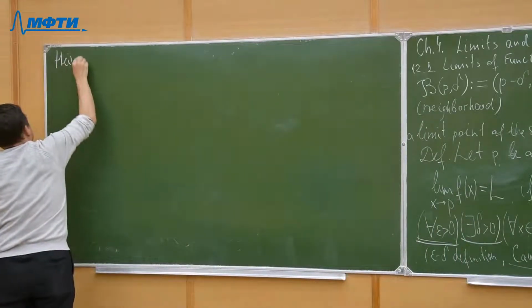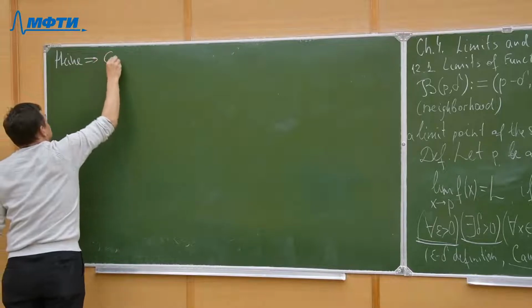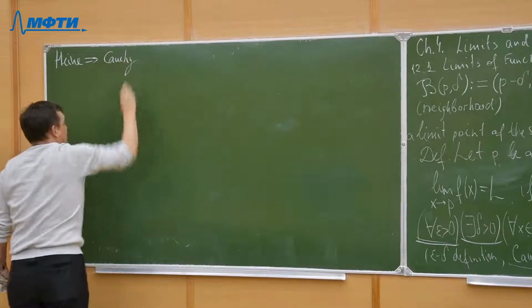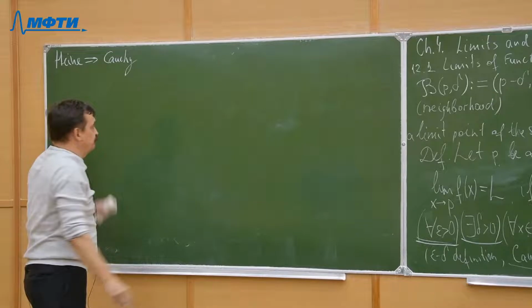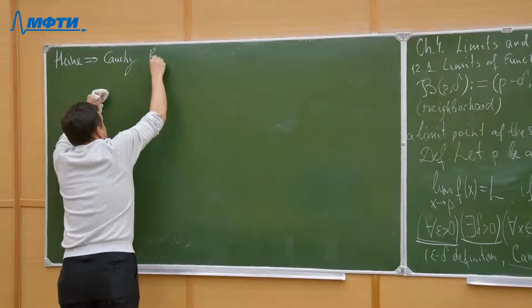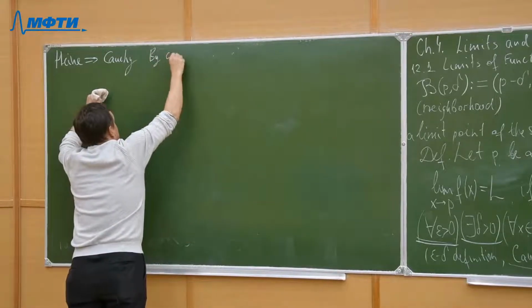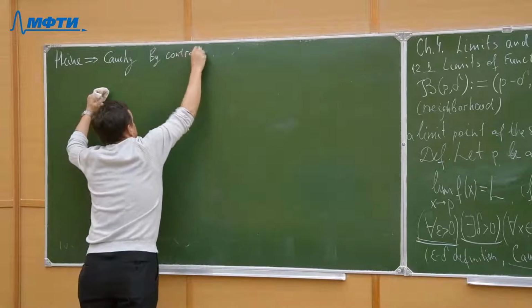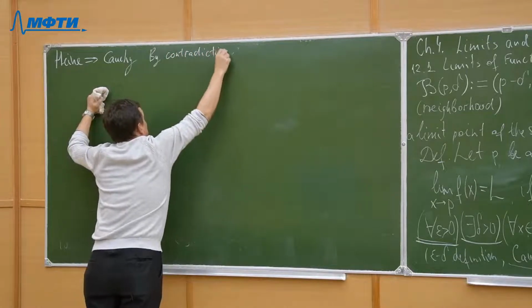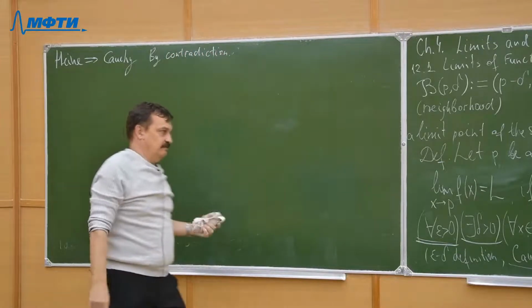Heine to Cauchy. And we'll do it by contradiction. So what does it mean by contradiction?